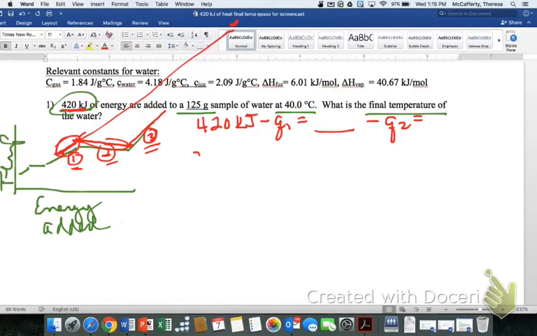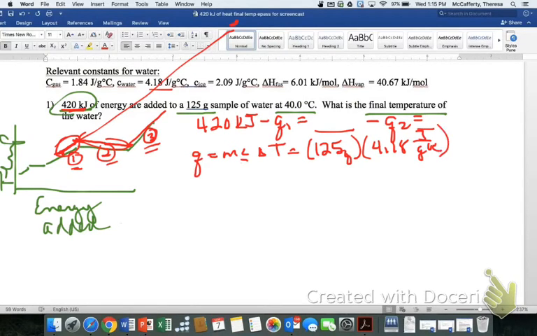So for number one, the Q, since I'm heating it, is mc delta T. My mass is 125 grams. My C for liquid water is 4.18 joules per gram degrees Celsius.